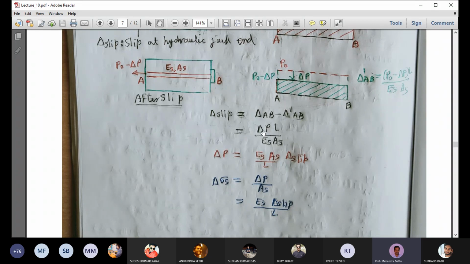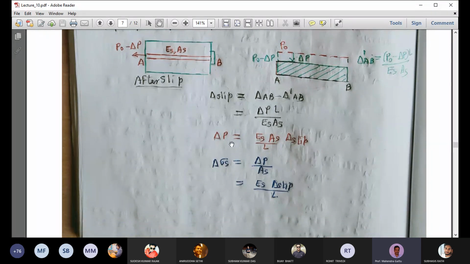And we can write delta P, that is the loss of pre-stress due to slip. We can send E_S A_S to the right hand side and we get this expression, E_S A_S by L into delta slip. And we can find out the loss in stress. So we divide delta P by area of steel, we get delta sigma S, and we get here E_S delta slip by L. Okay, so that is the loss of pre-stress due to the slip which is occurring at this end.